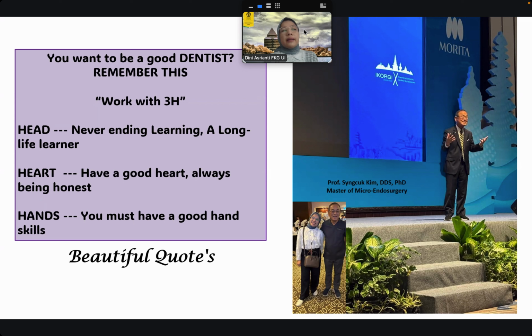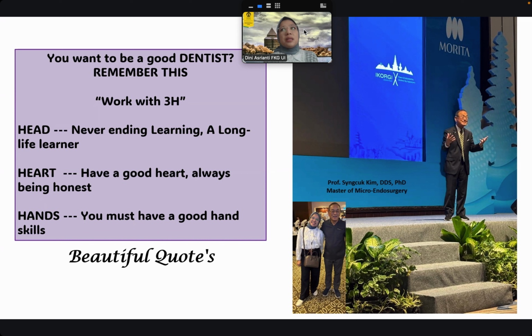And you already create your future to be a dentist, right? So you have to remember that you need to have never-ending learning.